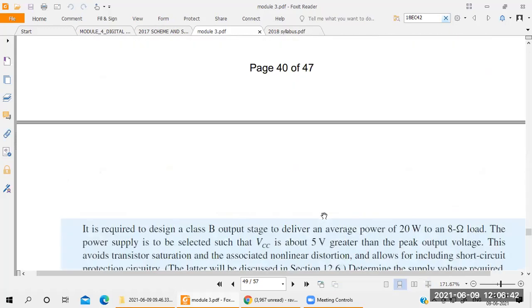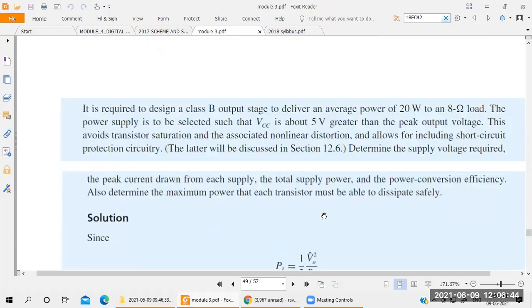Understood? Then you take one problem here. The question is: it is required to design a class B amplifier to deliver an average power of 20 watt to an 8 ohm load. What is the output power here? 20 watt. What is the load resistance value here? 8 ohm.